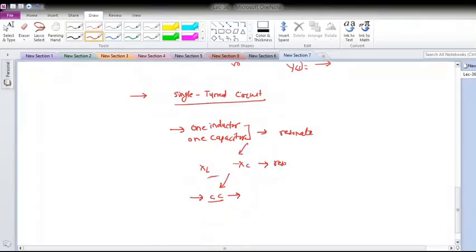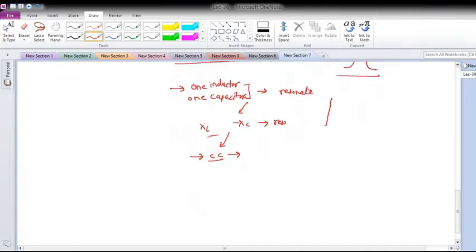If the poles are real and distinct, or real and repeated, that is of no interest for me to design the single tuned circuit. Also for single tuned circuit, it is very essential to obtain a band pass response with center frequency. So what have we told?